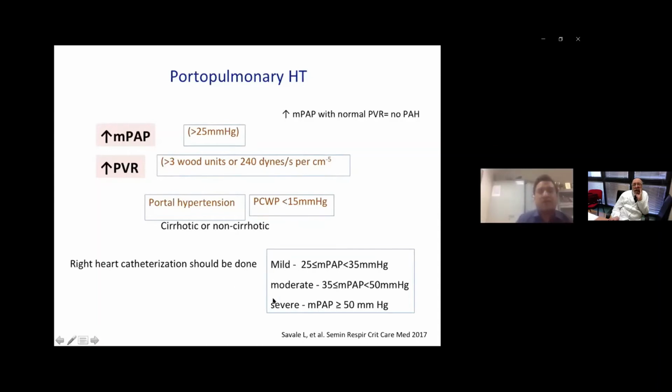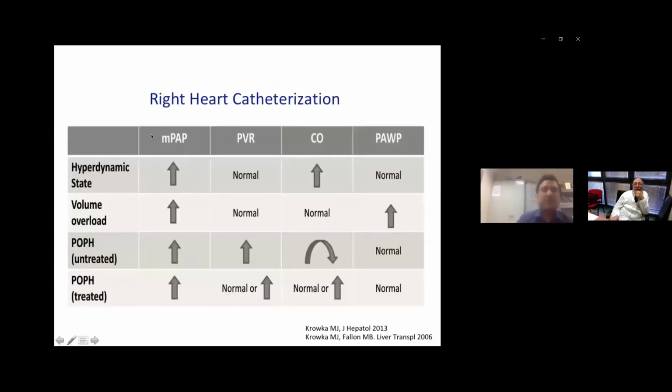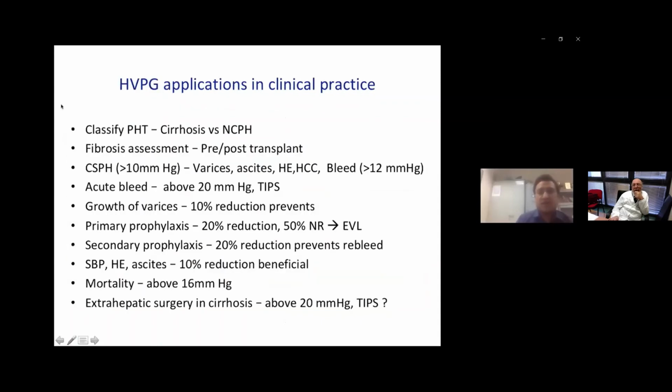We can categorize the severity of portopulmonary hypertension by measuring the pulmonary artery pressure: 25 to 35 is mild, up to 50 is moderate, and more than 50 is severe portopulmonary hypertension. So by simply doing right heart catheterization, we can easily differentiate between the hyperdynamic state, which is quite common in cirrhotics, volume overload, and portopulmonary hypertension.